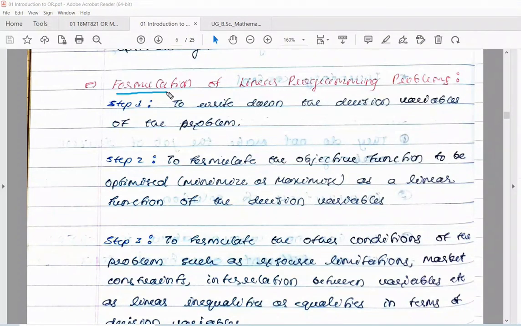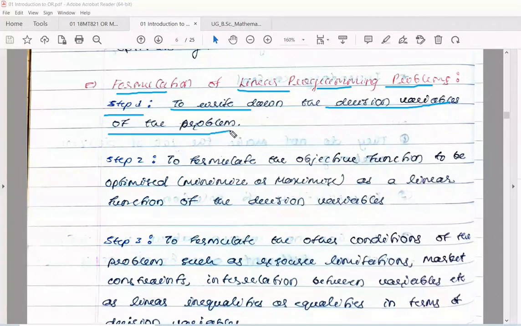That is the formulation of linear programming problems. They will take an example from any industry, operation or management, and for that I need to construct the linear programming equation, or the canonical form, or the mathematical model. That will have many steps. In the first step, write down the decision variables of the problem.